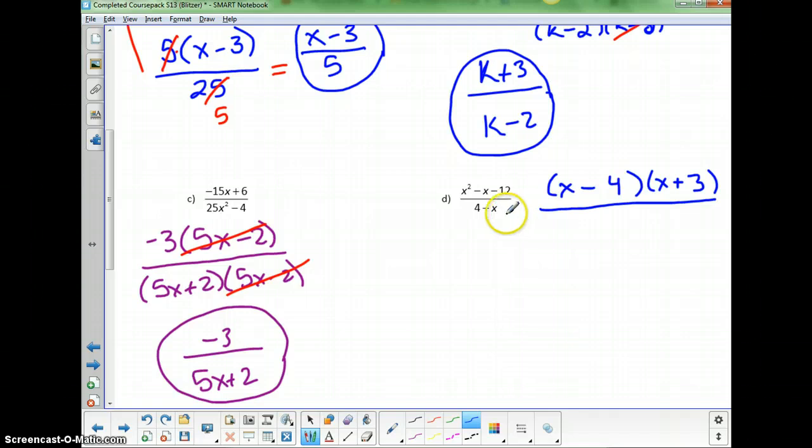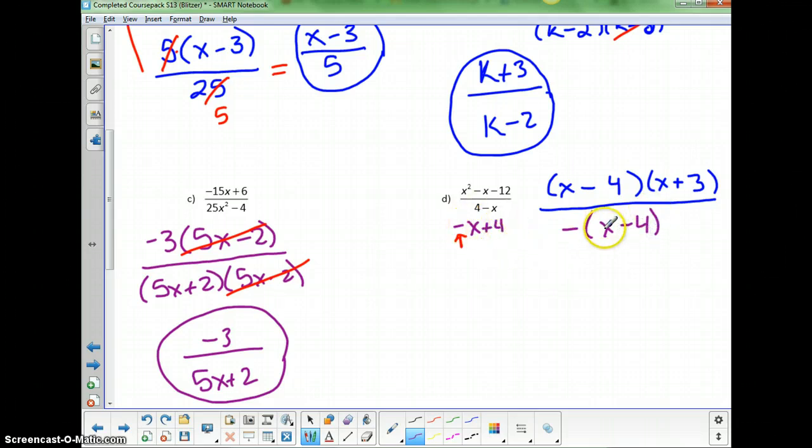On the bottom, that doesn't look right now like it can be factored, but notice that it's not written in the right order. So let's rewrite that. It should have the x first. So if I rewrite that, and notice that the x is negative, I've got negative x plus 4. Now I notice that I can factor out that negative since I have a negative leading coefficient. So if I factor out the negative, it's going to give me x minus 4, just dividing by that negative.